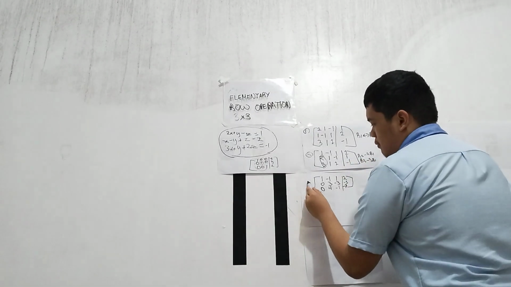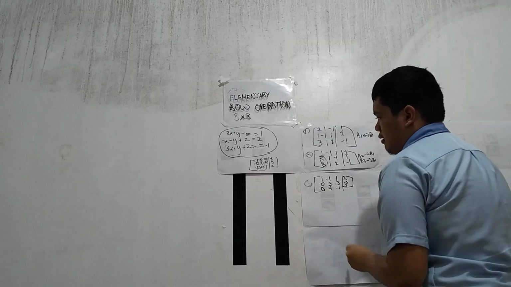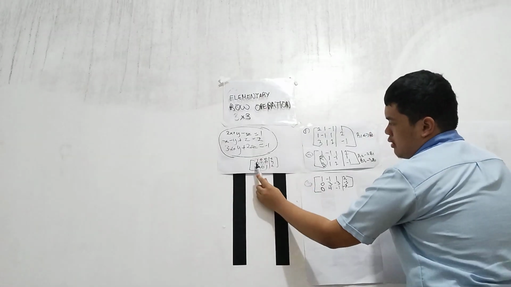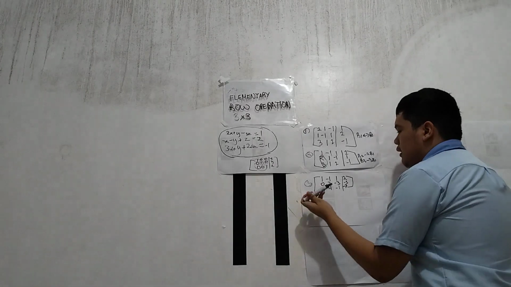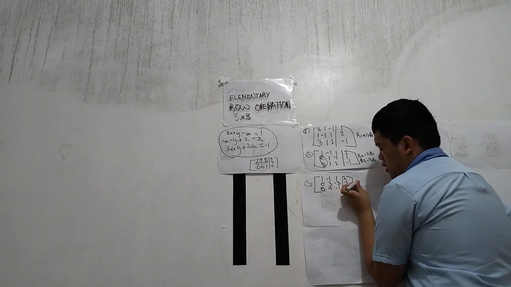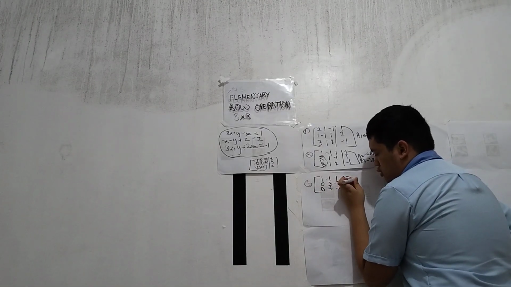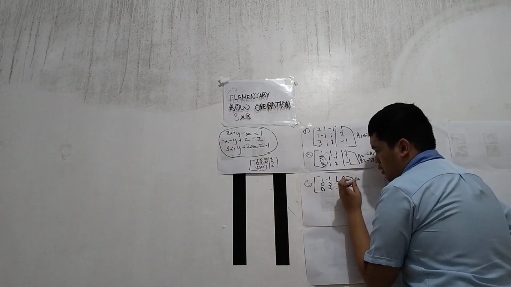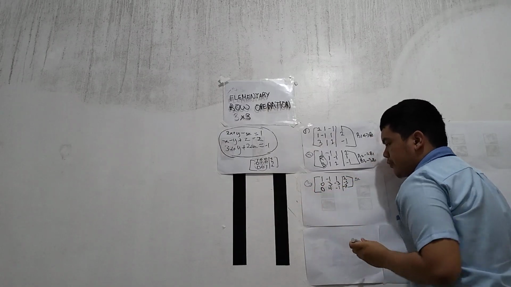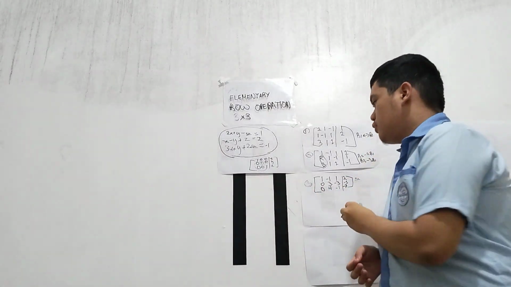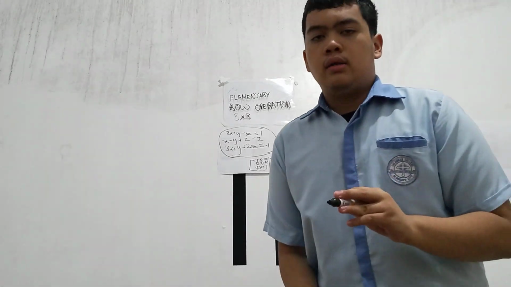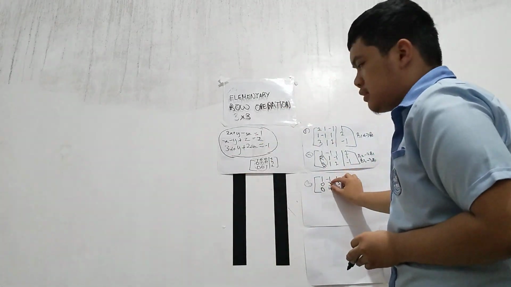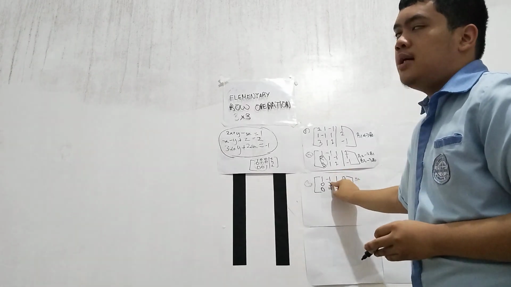Now we are proceeding to our third step, which is to make a 1 right there. We need to make a 1 right there. And how will we do that? We write R2 over 3. How do we make a 1 for a variable?